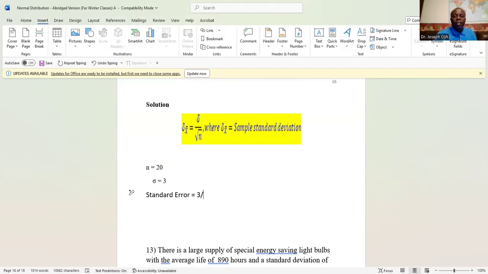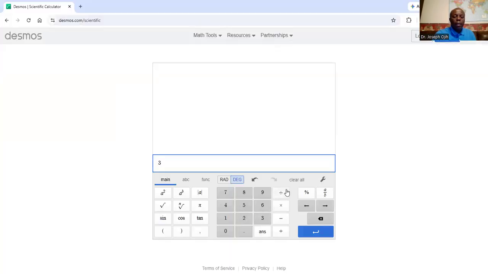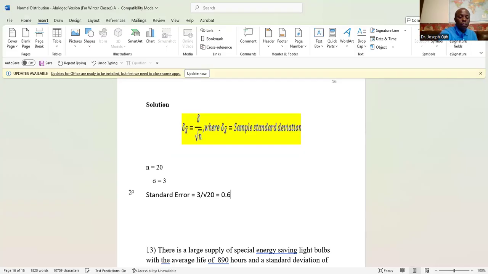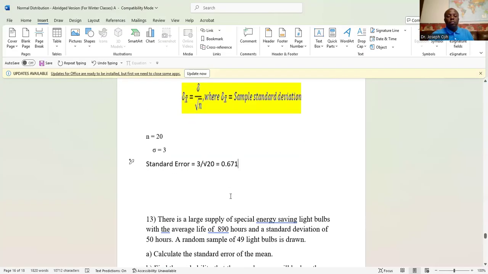We can get it from the calculator. 3 divided by the square root of 20 is 0.671. We round it to 2 decimal places, 0.671. So that is how to get the standard error.